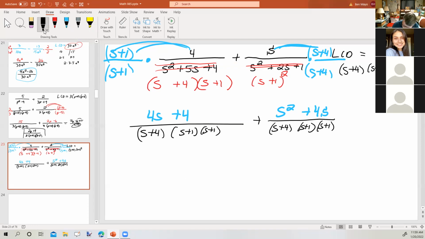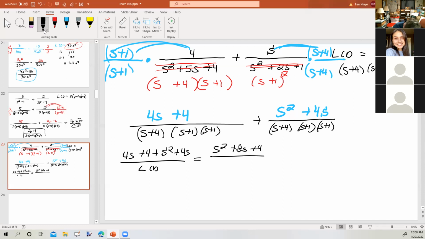Now that I've got two fractions with the same denominator, I can add the numerators. 4s plus 4 plus s squared plus 4s, all over the LCD. S squared plus 8s plus 4 all over the LCD.